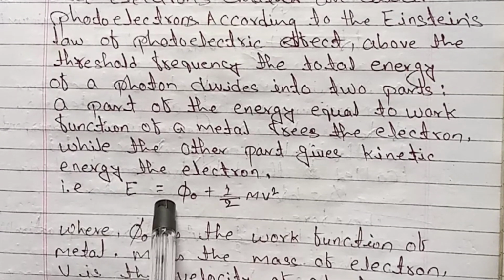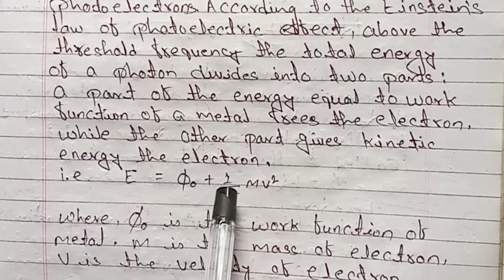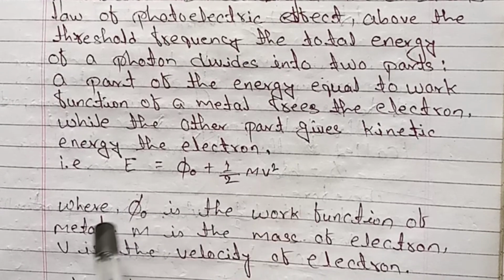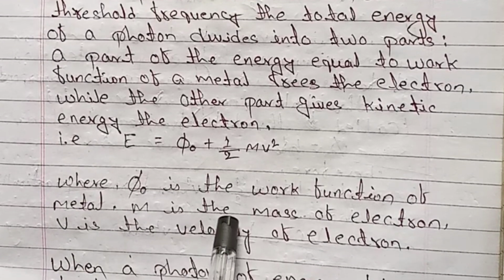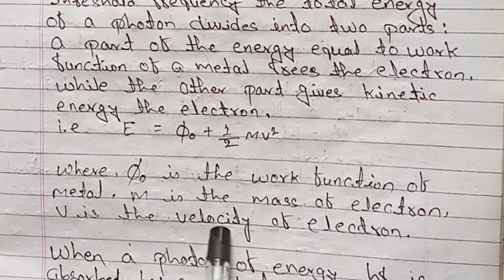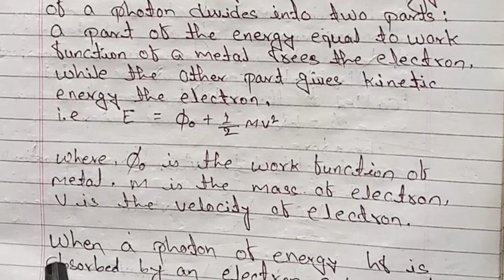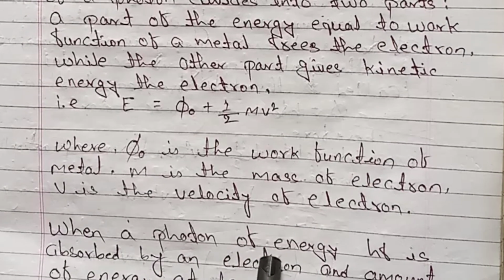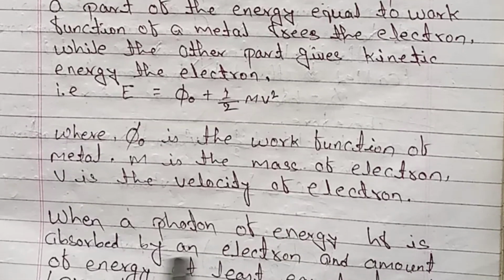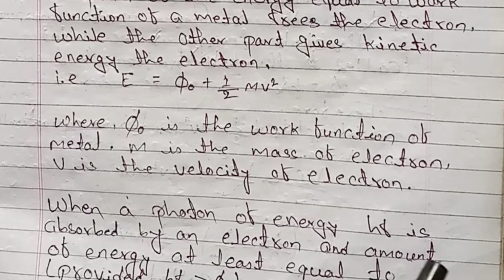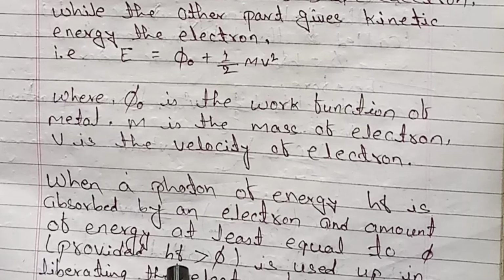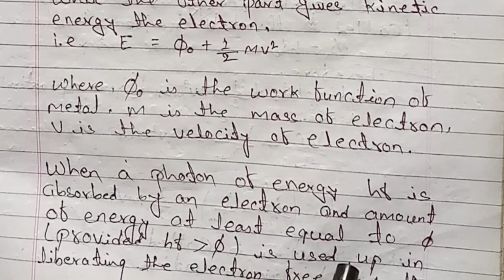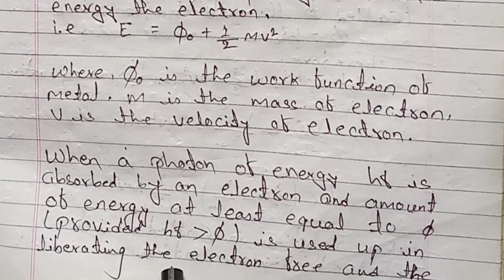That is, hf is equal to theta plus 1 by 2 mv square, where theta is the work function of the metal, m is the mass of the electron, v is the velocity of the electron. When a photon of energy hf is absorbed by an electron, an amount of energy at least equal to theta, provided hf is greater than theta, is used up in liberating the electron.